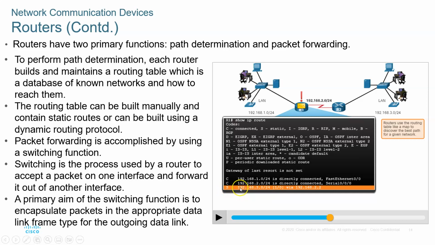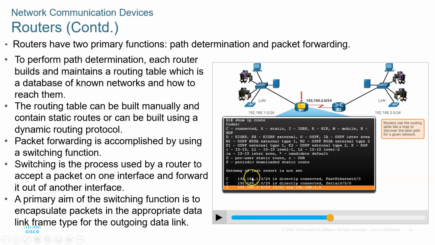The letter S, by the way, means somebody typed this route, told the router, listen, if anybody comes into you with a packet and it wants to go to 192.168.3.0, please send them to this interface. That's what this is saying. It's only one hop away from you. Okay, so hopefully you've seen this in your CCNA class when we were talking about routing.